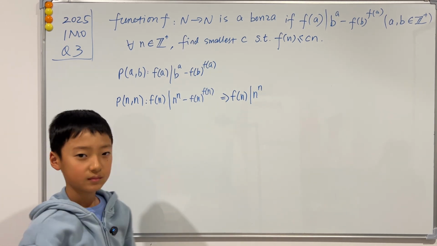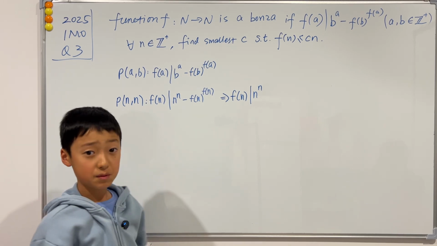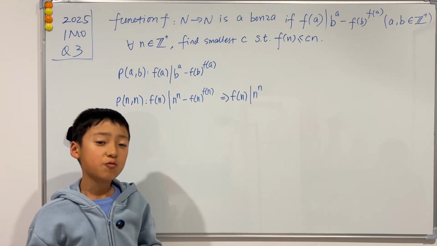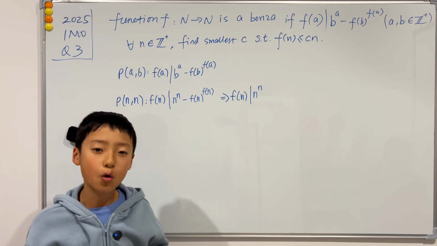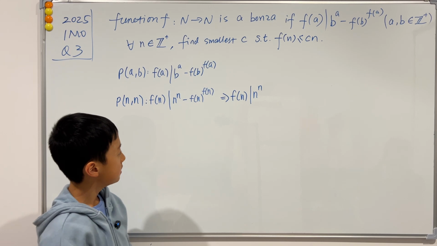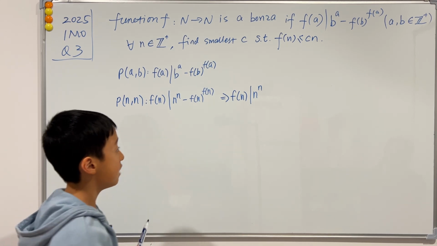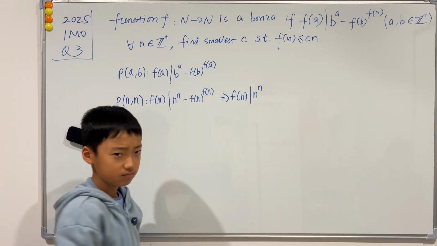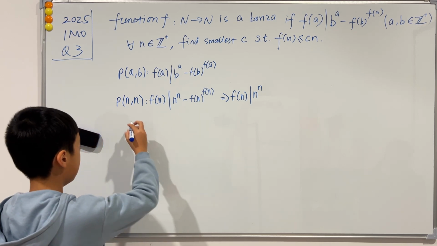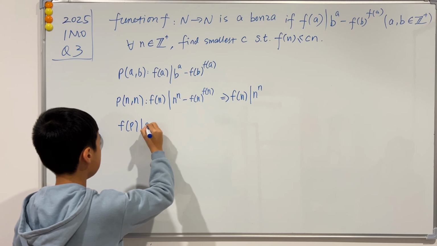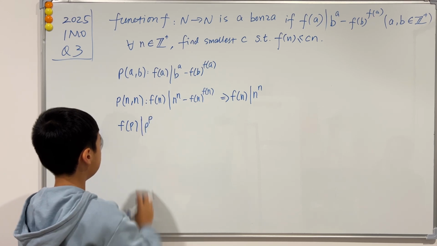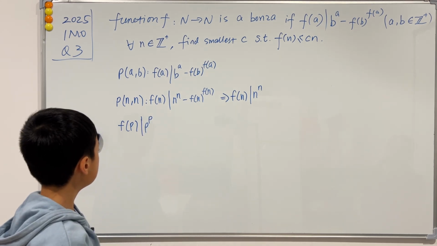Okay. So this question is about number theory, right? And when it comes to the divisibility branch of number theory, we like involving prime numbers. So why don't we try and plug in a random prime here? For example, p, such that f(p) will divide p^p.